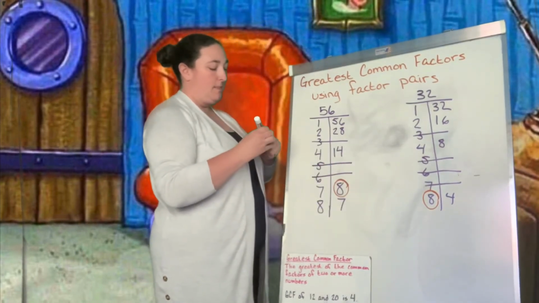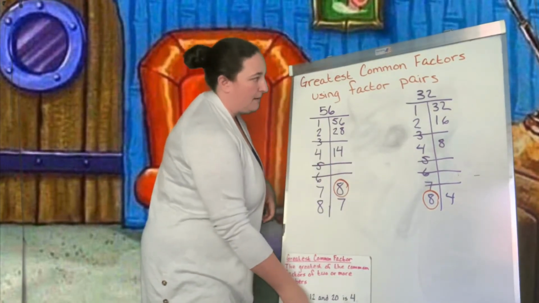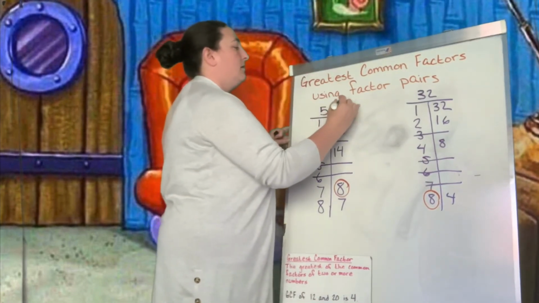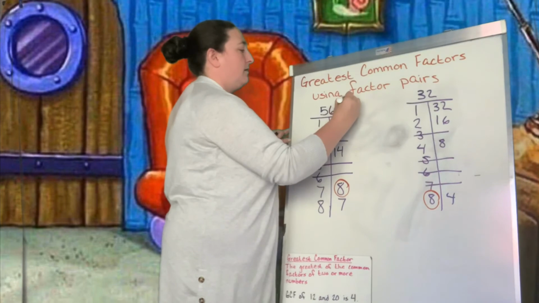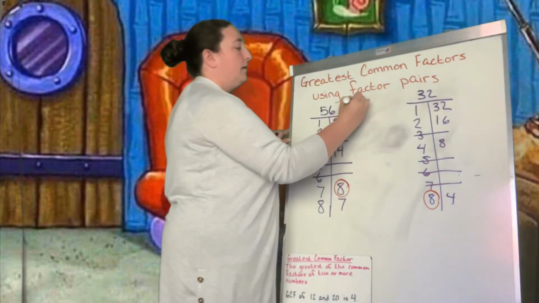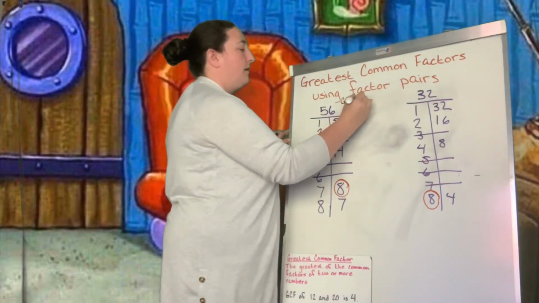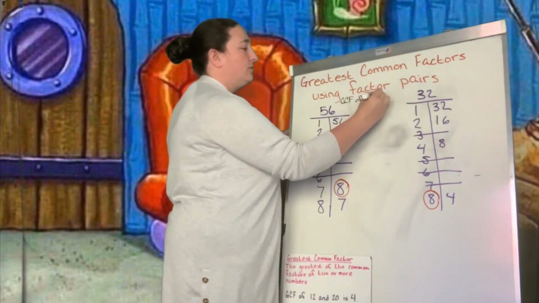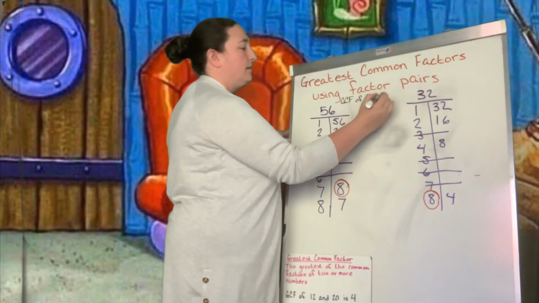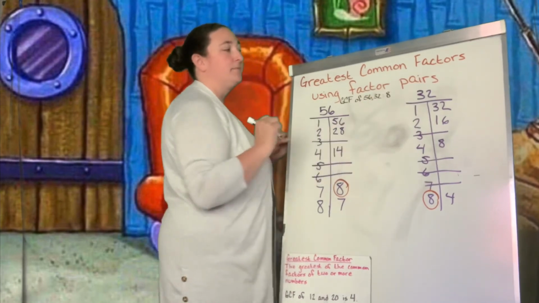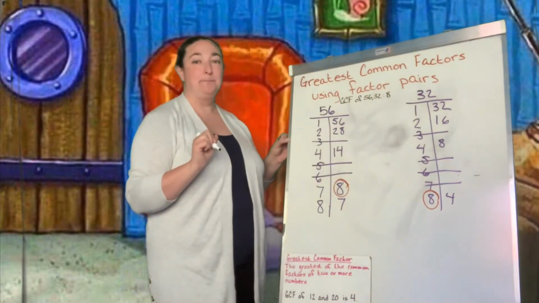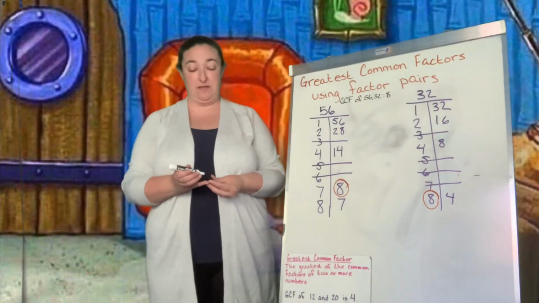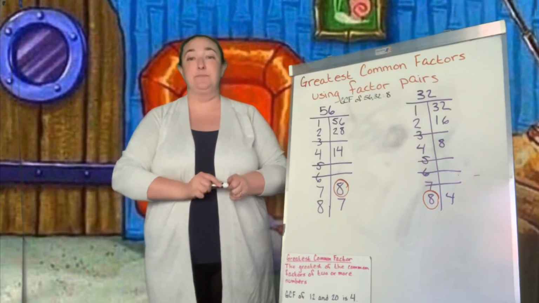So that means that my GCF of 56 and 32 is 8. All right, so that is how you use factor pairs to find the greatest common factor.